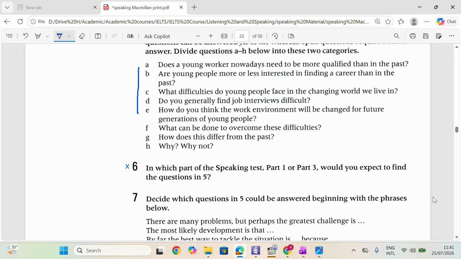Okay, so for this point, I absolutely agree with it because the job market nowadays has become far more competitive. So young workers are expected to have not only academic qualifications, but also practical experience. So they need to work on themselves from a very young age to get this and to get digital skills as well.